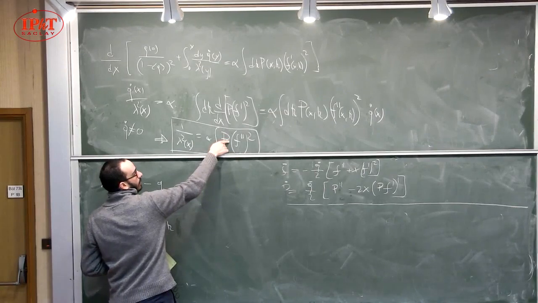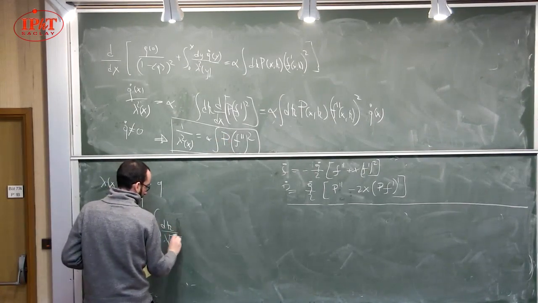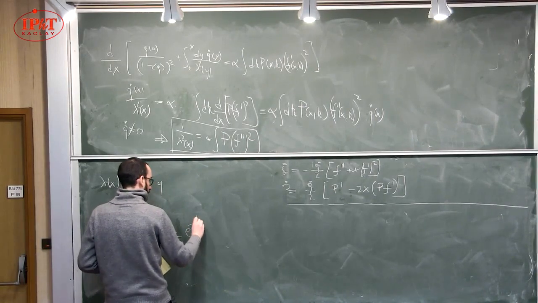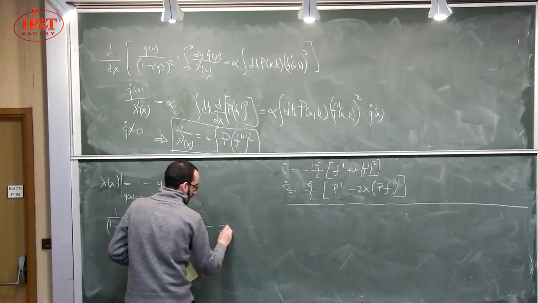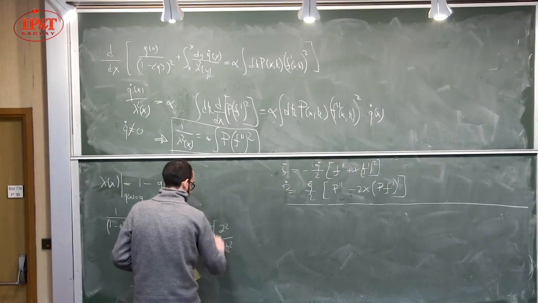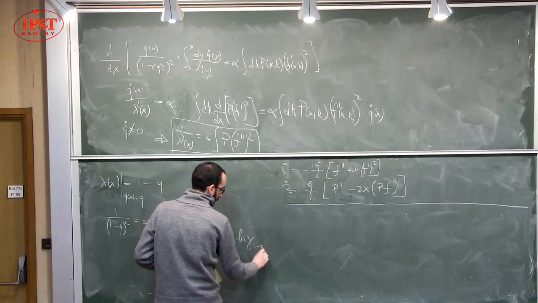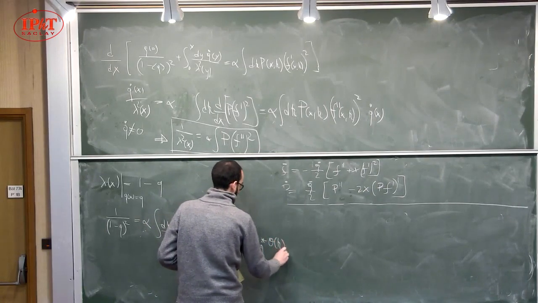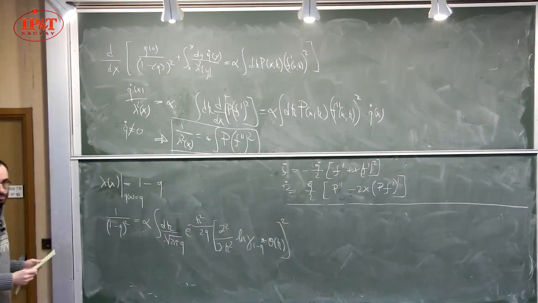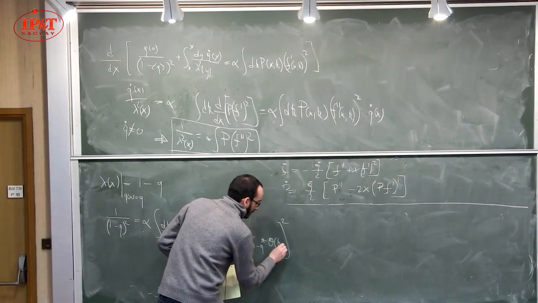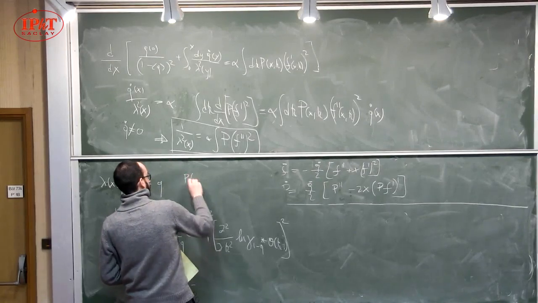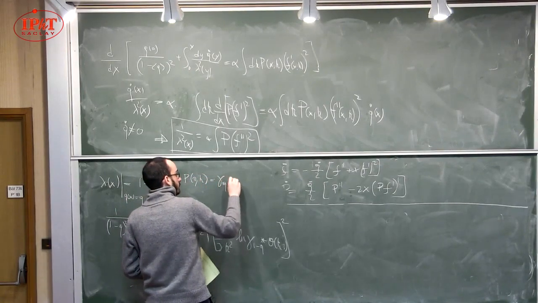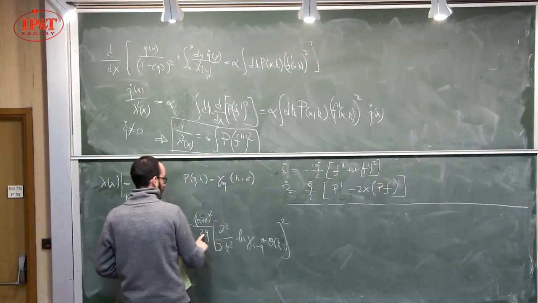Now, P is a Gaussian because it's equal to the initial condition, and this is the second derivative with respect to h of log. So remember that P0 of h is gamma of q, h plus sigma.